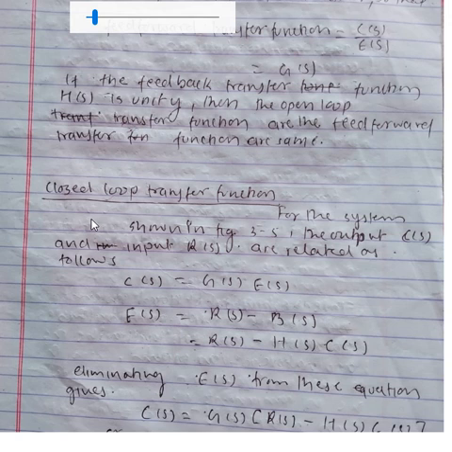Now go to the closed loop transfer function. For the system shown in the figure, I will show you the figure. The output C(s) and the input R(s) are related as follows.